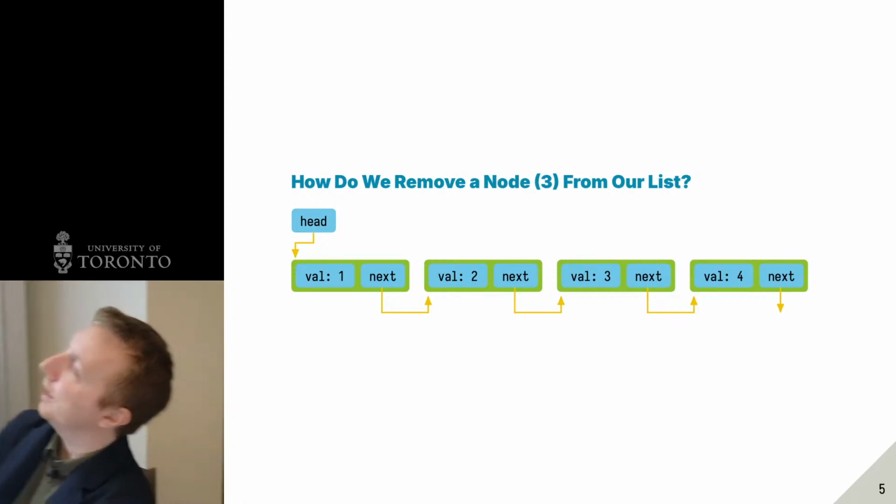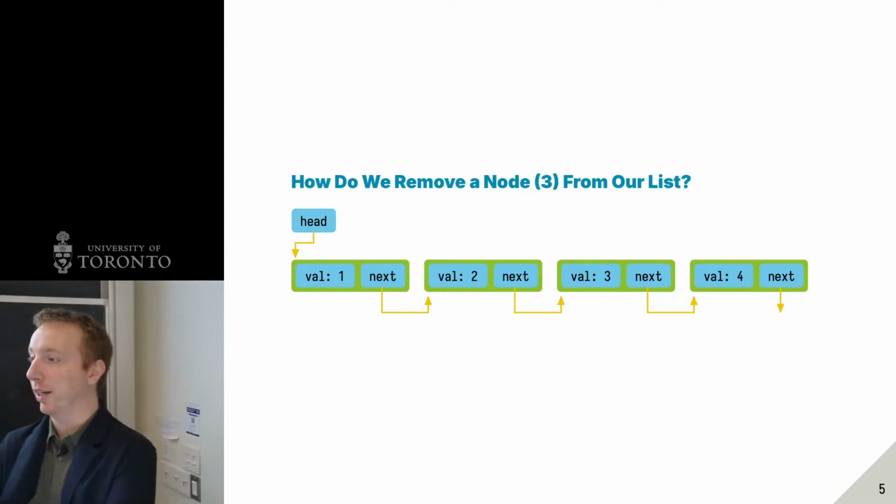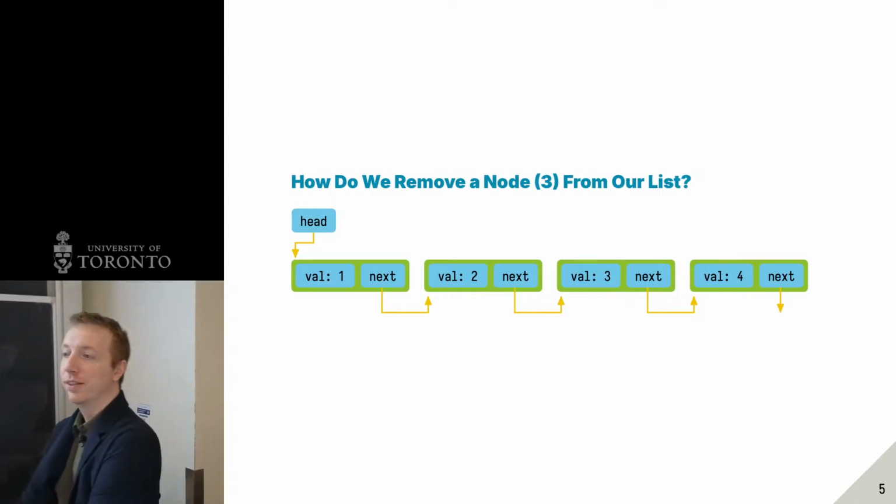Alrighty, any ideas how we're going to get node 3 out of here?